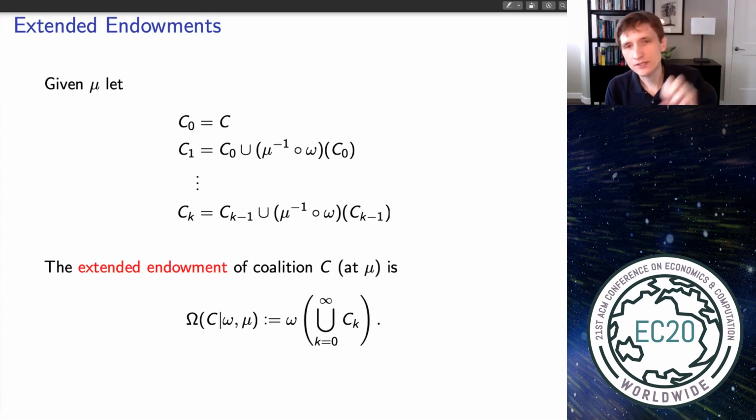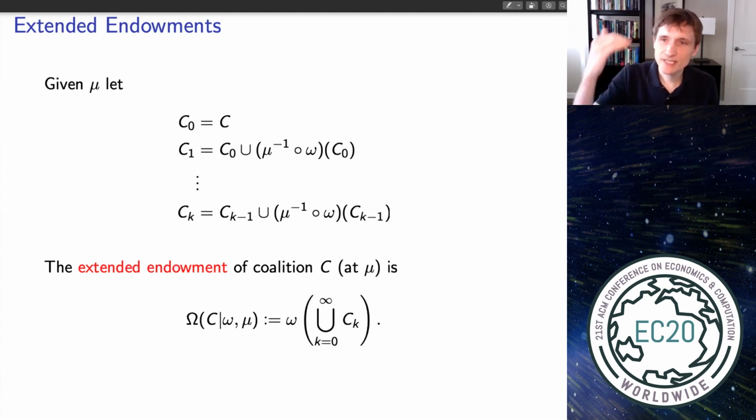We take a coalition and then we look at all the things that are owned by the coalition, look at the agents assigned to those things. That increases the set size, and we just iterate this process again and again and again. And eventually we define something known as the extended endowment, okay, capital omega.